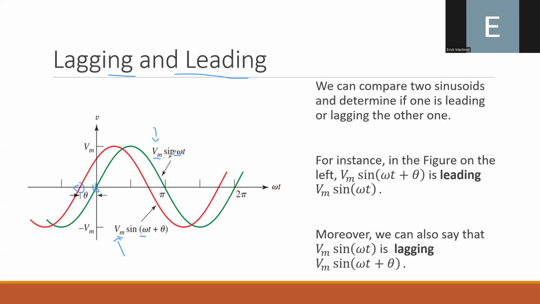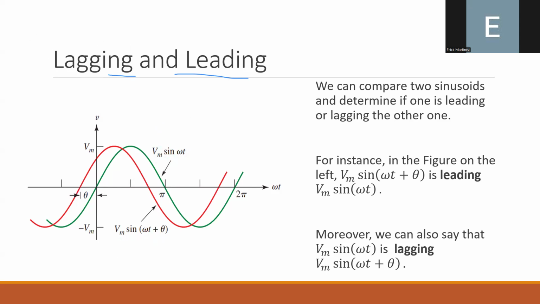Here we are comparing a sine wave with a sine wave. But if this sinusoidal was a cosine wave, I cannot compare it with a sine wave. So I need to express the two sinusoidals both as sine waves or both as cosine waves, because we cannot compare a cosine wave with a sine wave, at least in terms of leading and lagging, and also to compute the phase difference between them.